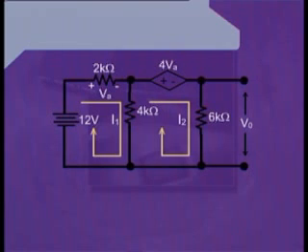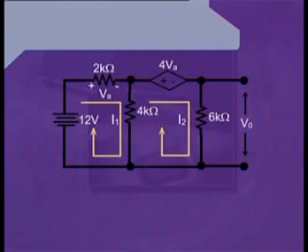Apparently you may think that there exists another mesh, mesh number 3, but I wouldn't agree because that is an open circuit. It is not a closed path, therefore it cannot be regarded as a mesh. Hence, this circuit only consists of two meshes.